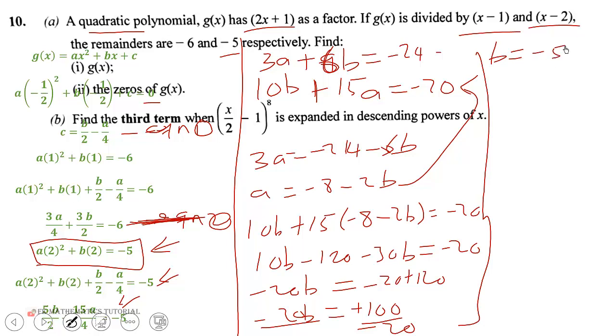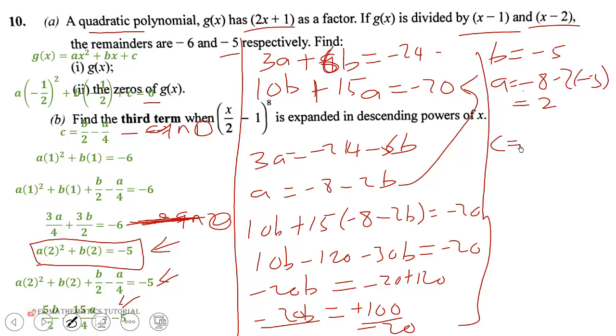If b is negative 5, a will be equal to negative 8 minus 2 times negative 5. So negative 8 plus 10, which is 2.